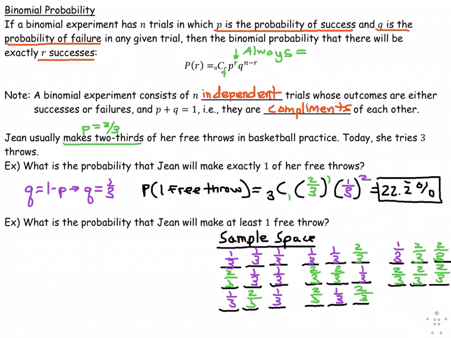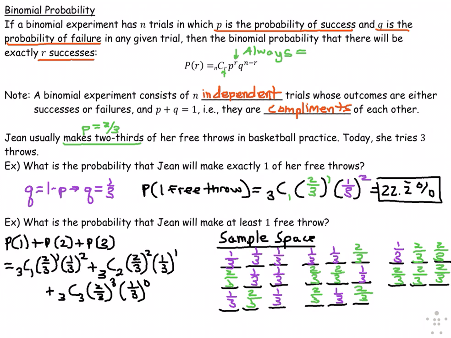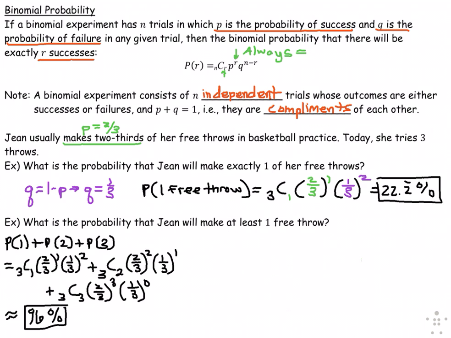So the way that you solve it using the binomial probability formula is by saying, well, if she makes at least one free throw, that's the same as saying she makes exactly one, plus the probability that she makes exactly two, and the probability that she makes exactly three. So 96% of the time, Jean will make at least one free throw.